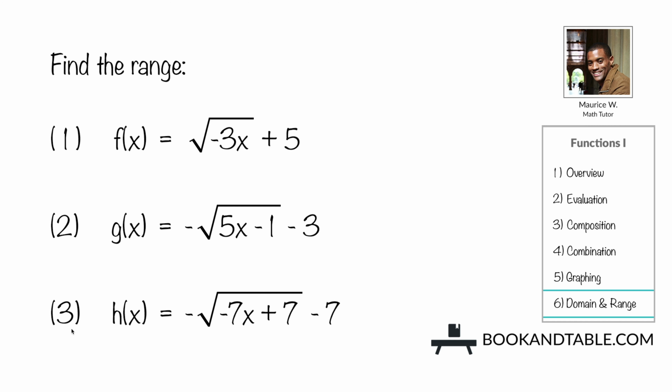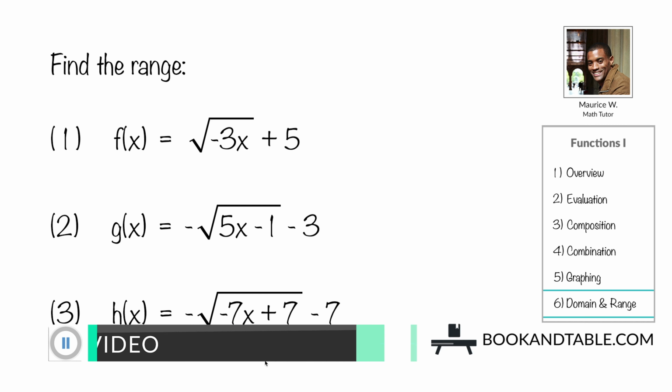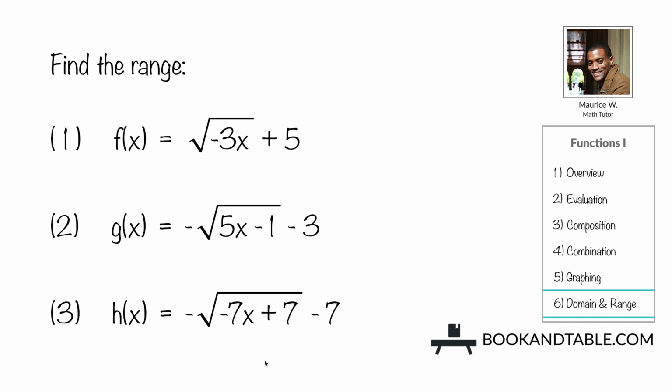And question number 3, find the range of h of x, which is equal to negative square root of negative 7x plus 7, minus 7. Pause the video, answer these questions, and then press play when you are ready to begin.